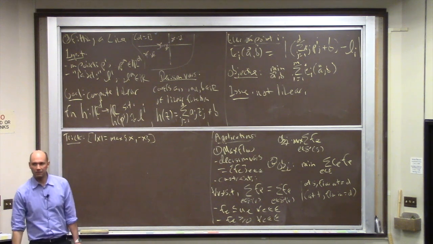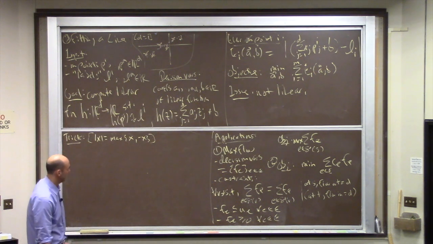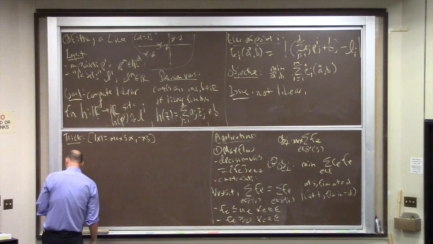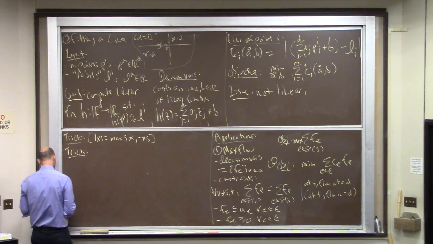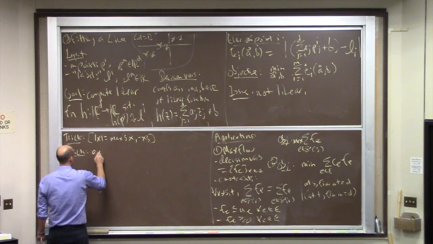It's one way you can think about the absolute value if you really want to. So what's the trick? We're going to add extra variables.